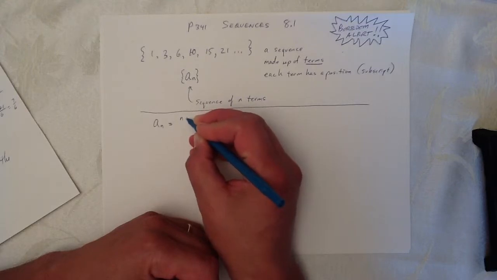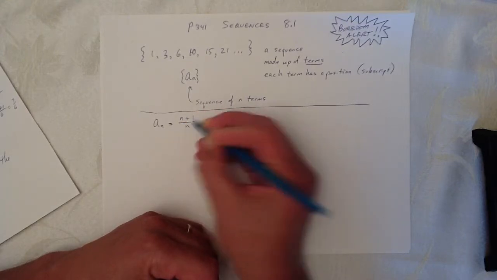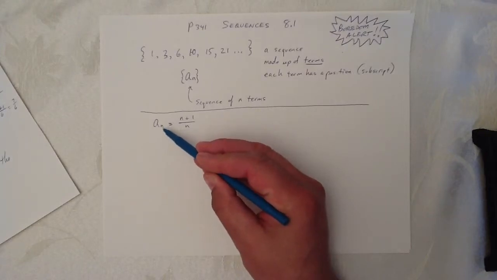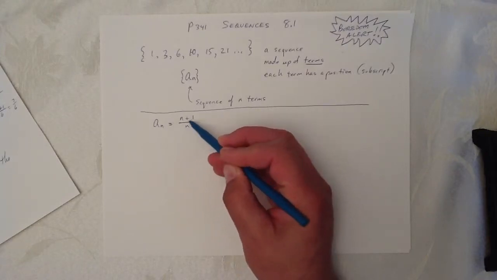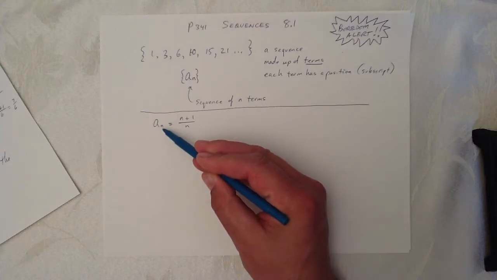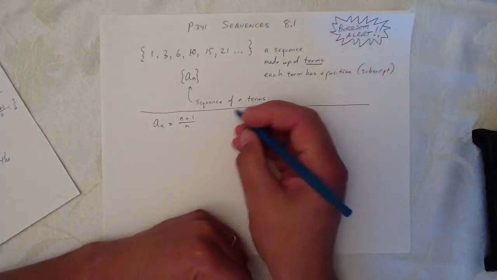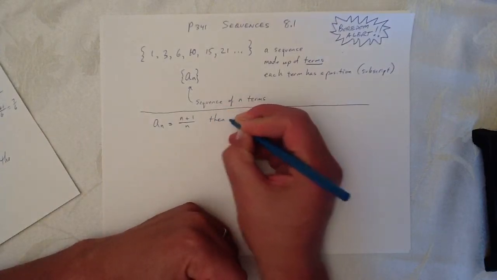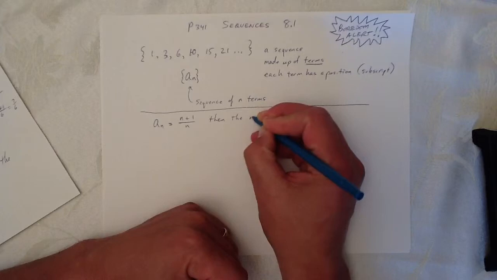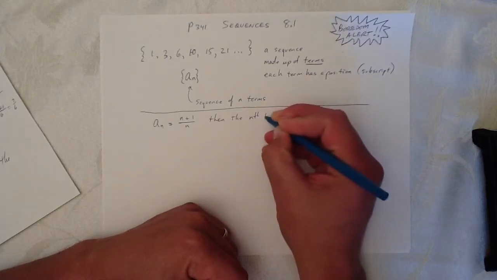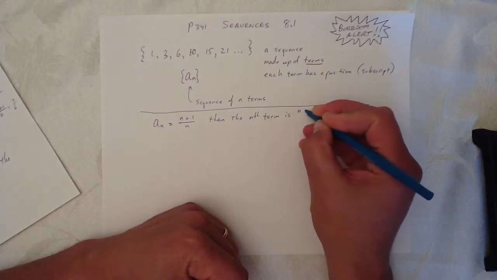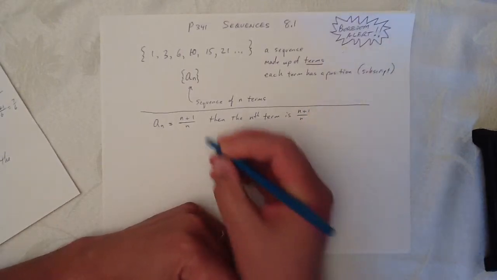So (n plus 1) over n. If that was the formula for sequence A, and we wanted to know the nth term, it would be (n plus 1) over n. So if we wanted to know the 6th term, let's write this down this way. Then the nth term is (n plus 1) over n.